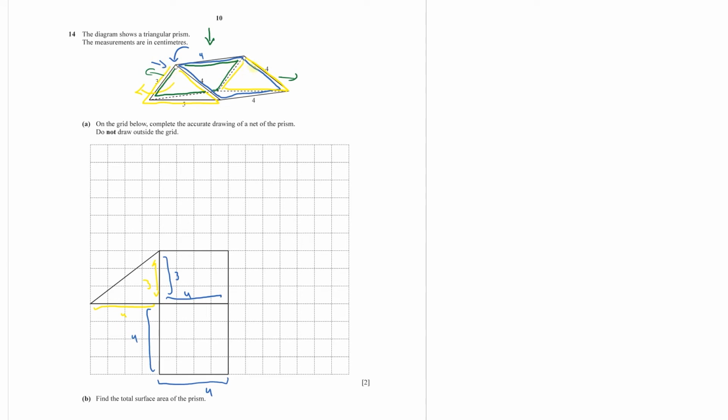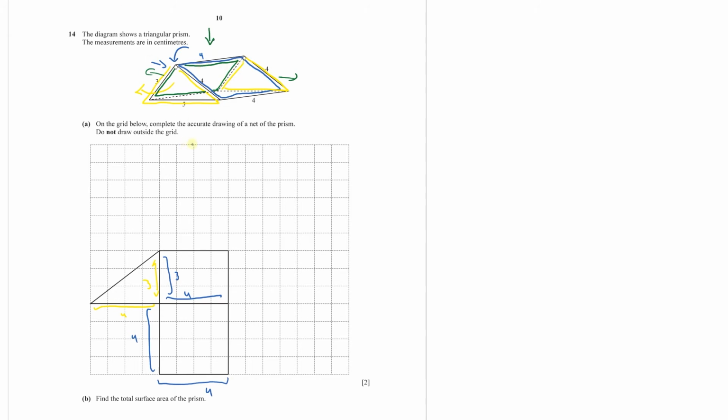Similarly, if you break the other triangle on the other side from this side and this side, that means the triangle is free to rotate along this side, this dotted line here. So it will be the exact mirror image on this side. It will rotate out and rest alongside this green rectangle at the back.